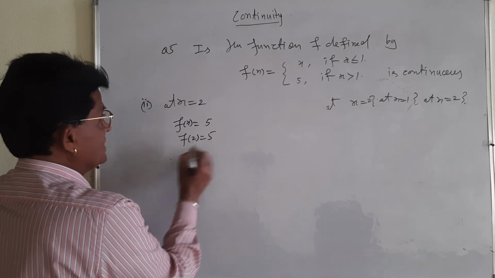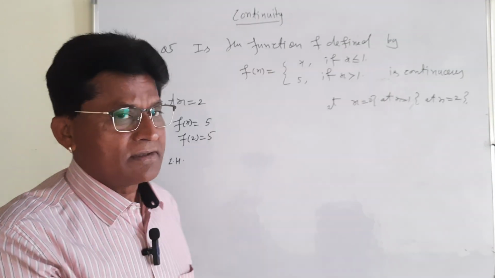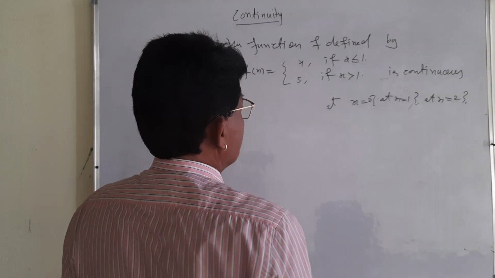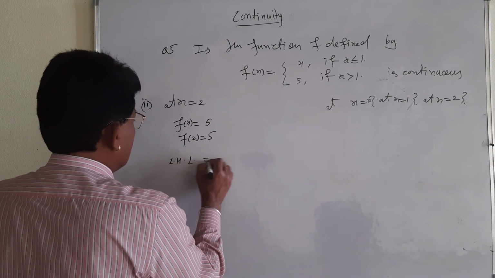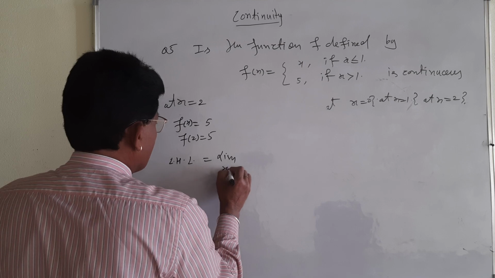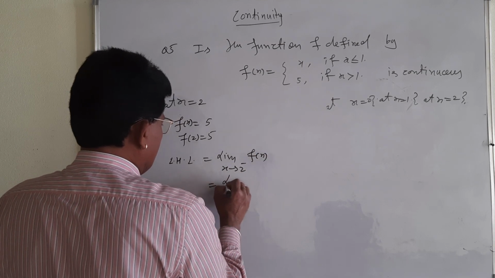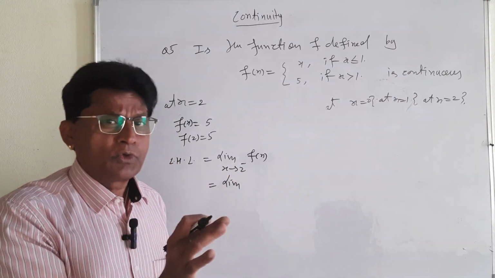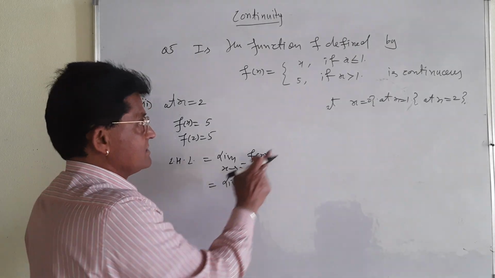Okay, now you see the left hand limit and right hand limit. Everything, the function, will be same because the same function will be there. Left hand limit will be equal to what? Limit as x tends to 2 from the left of f(x). See the thing. The left hand limit is a little less than 2, but greater than 1.